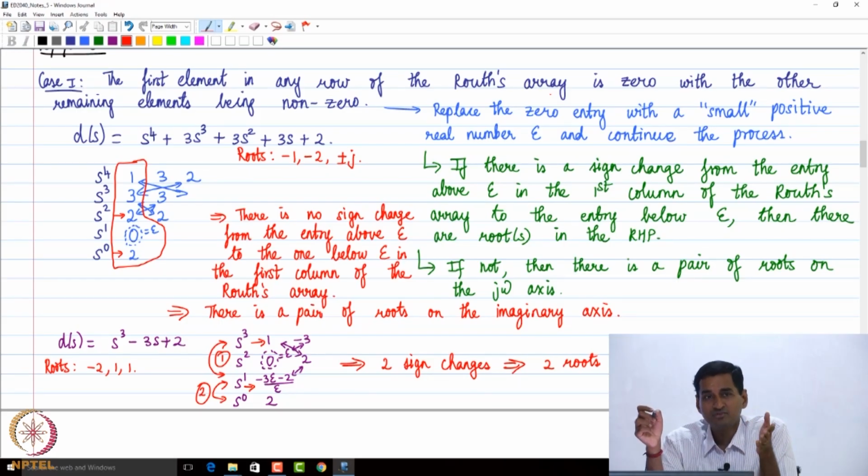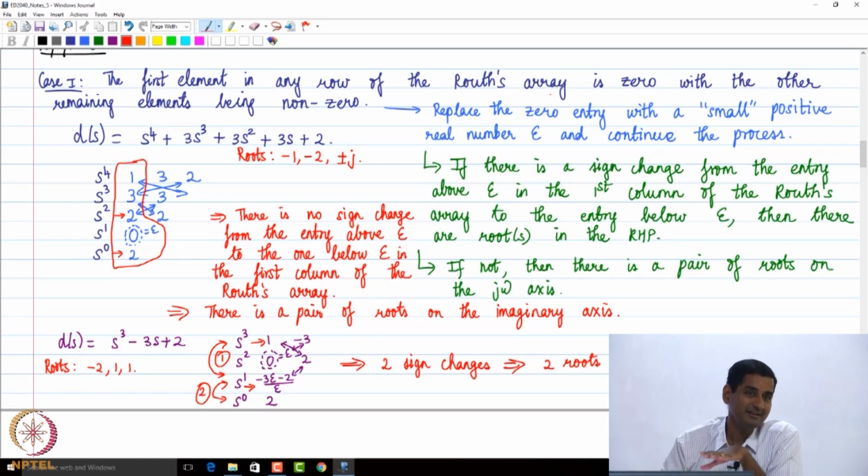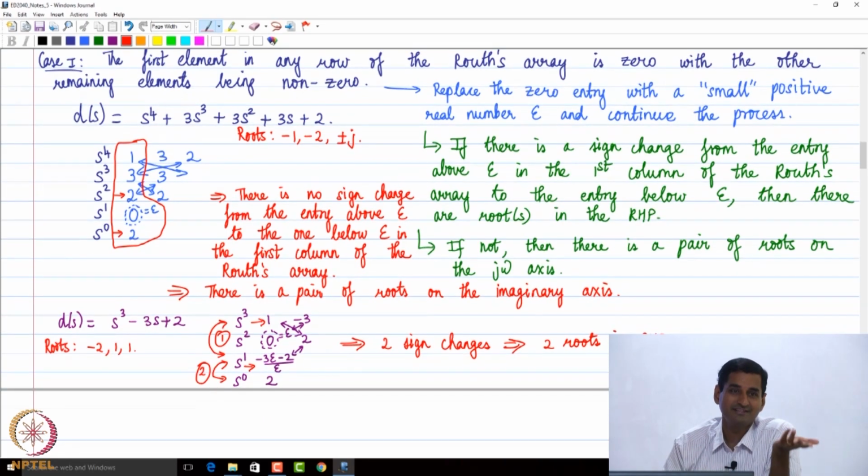So please check out the converse. Construct as many examples as you can. Then you go and check out whether this really happens in the Routh array, or if it happens in the Routh array, you can interpret this condition. But it need not happen always. So that's a question which you need to answer.